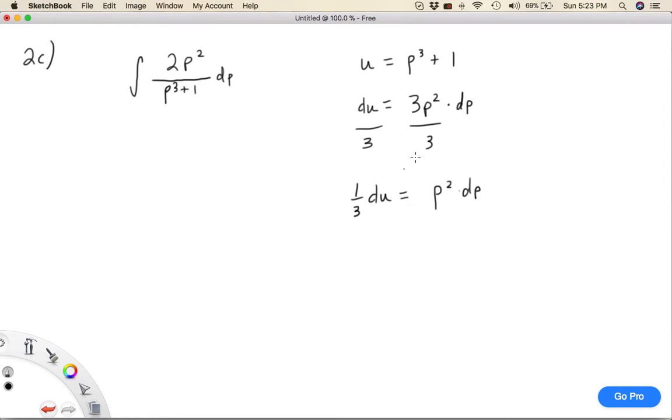And this p squared times dp, this already exists in the integral right here. So this piece is going to be crossed out, and it's going to be called 1/3 of du instead. So we've got 2 divided by u times 1/3 of du.